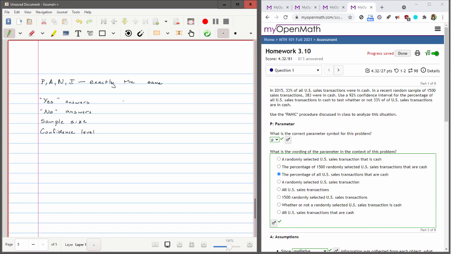So there were 383 cash transactions in a sample of 1,500. And we're going to want a confidence level of 92%.